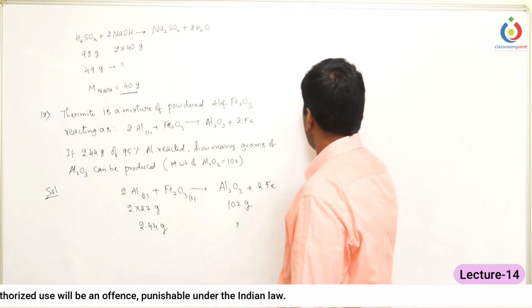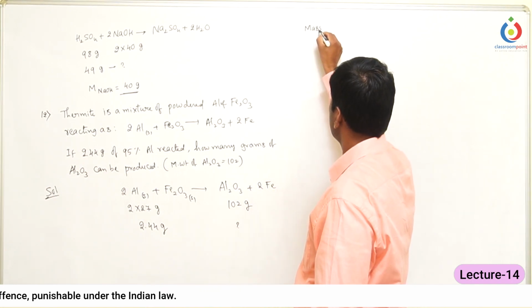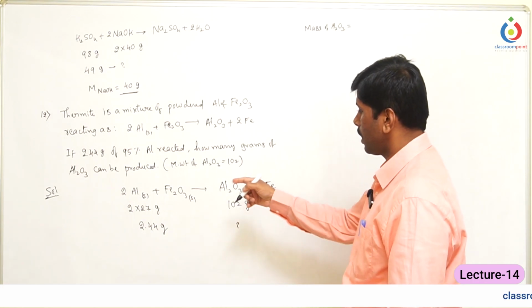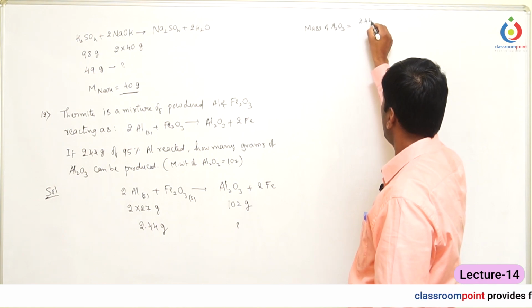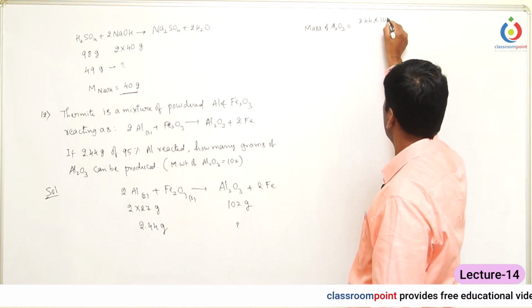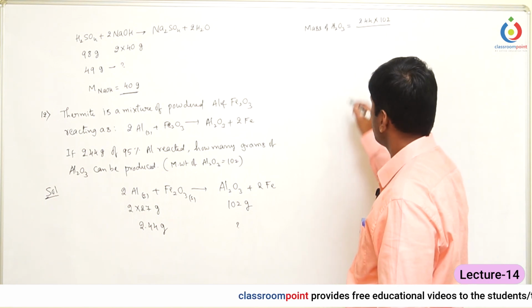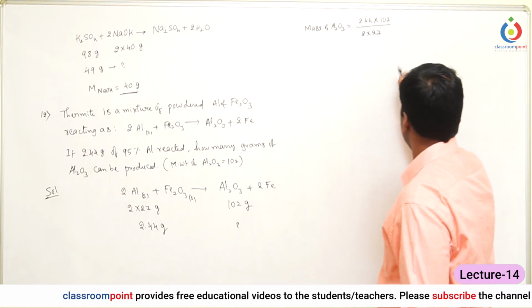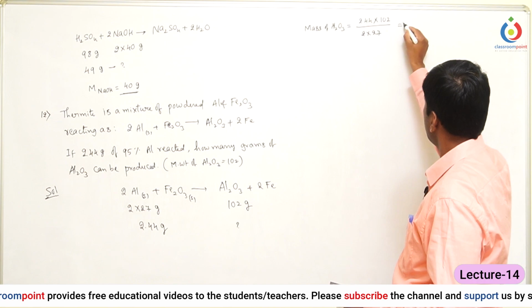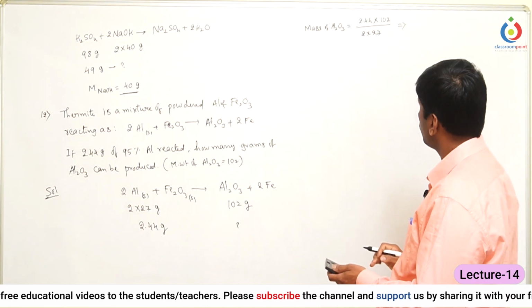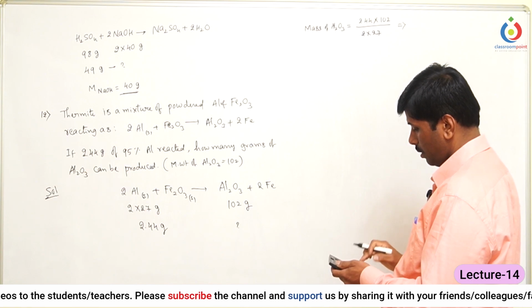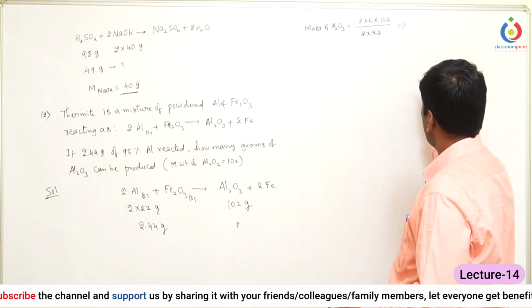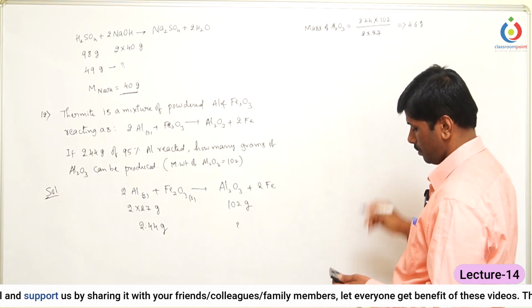So here mass of Al2O3 that could be produced equals cross multiplication: 2.44 grams into 102 grams divided by 2 into 27 grams. Its value equals 2.44 into 102 divided by 2 divided by 27, which is 4.6 grams.